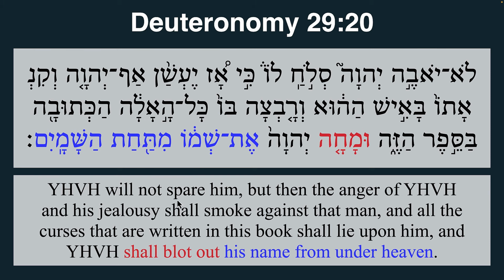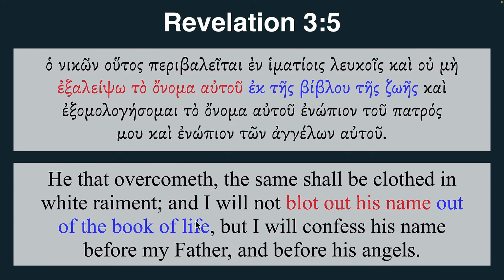So this name is blotted out under heaven. We have the same idea in Revelation chapter 3 verse 5. In the whole book of Revelation, we read about the names written in the book of life. I will not blot out his name out of the book of life.